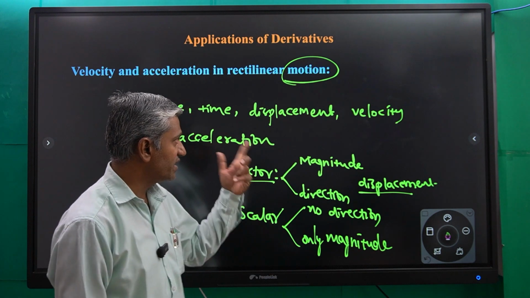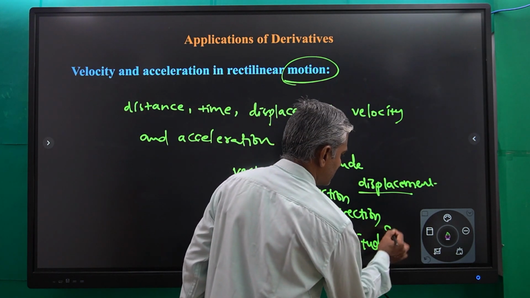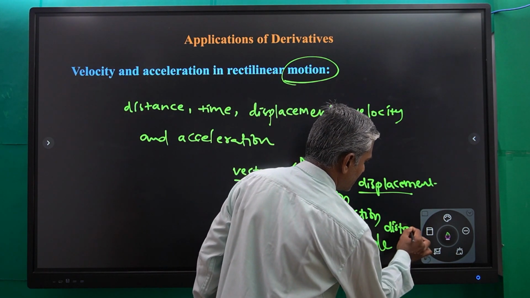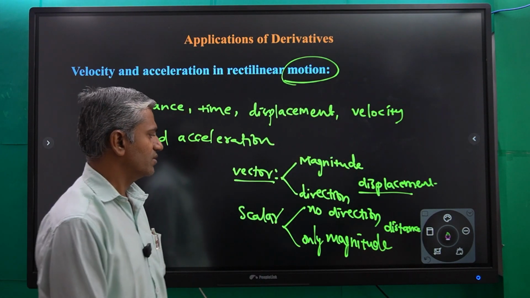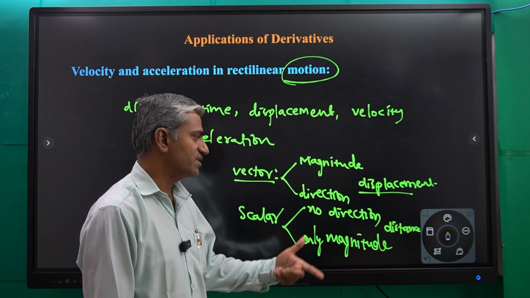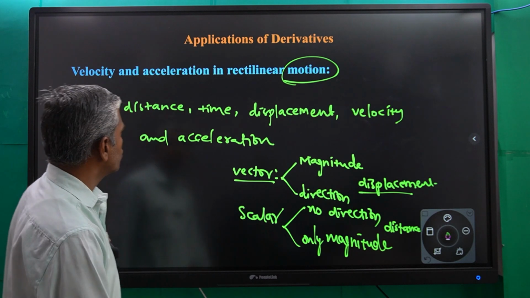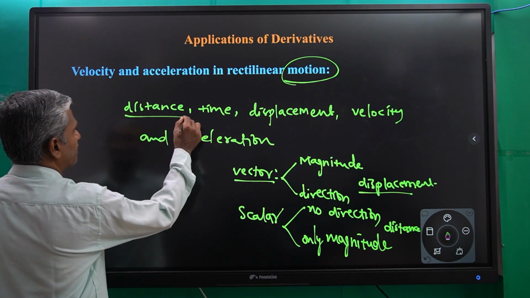An example of a scalar quantity is distance, as well as some other examples, but especially displacement and distance we are discussing here.